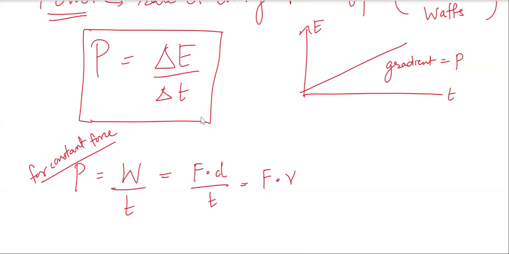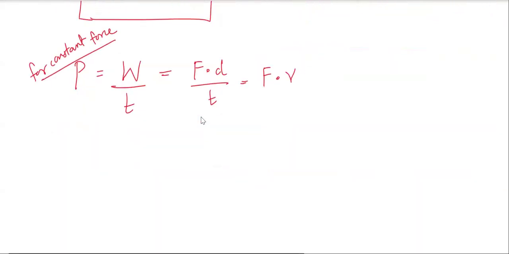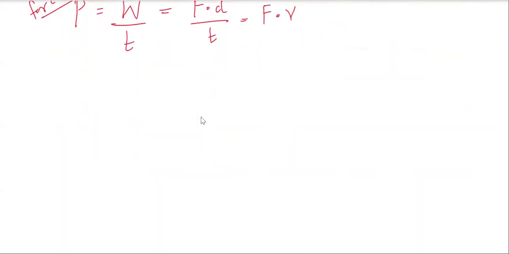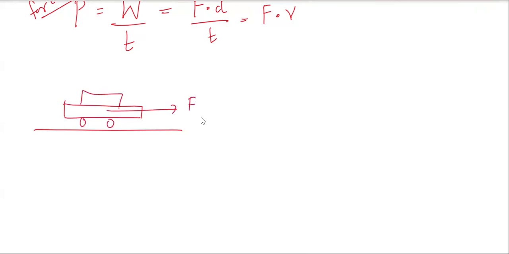Now this equation is applicable in a few conditions that we need to remember. First, imagine a situation where a car has a forward force of the engine, but it is exactly balanced with the backward force of friction, so that the car is moving with a constant velocity.